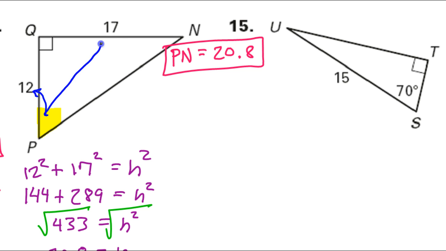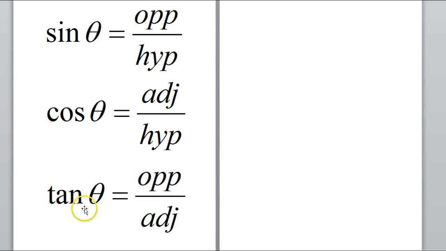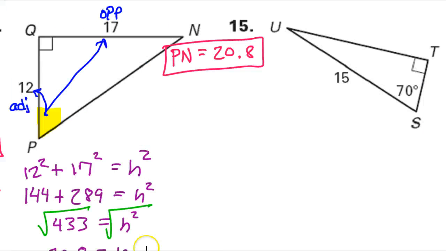Okay, look at these guys. That's 17. See how far away it is from P? That makes this opposite. That makes this 12 adjacent. Opposite and adjacent. So what function is that? That's the tangent function.